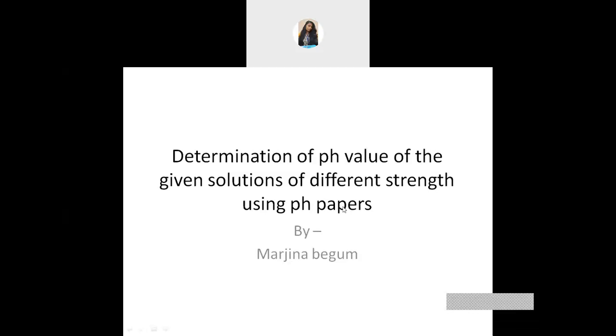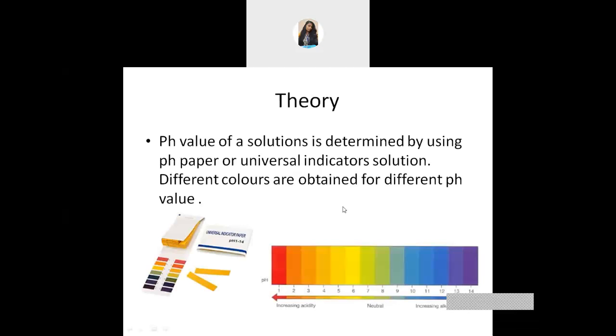The theory of our experiment is that the pH value of a solution is determined by using pH paper or universal indicator solution. Different colors are obtained from different pH values. This is the theory of our experiment.